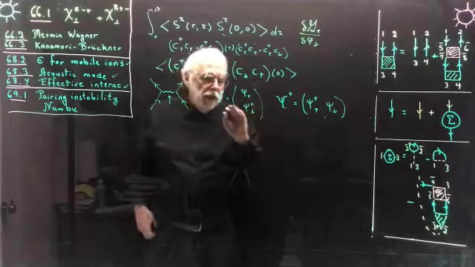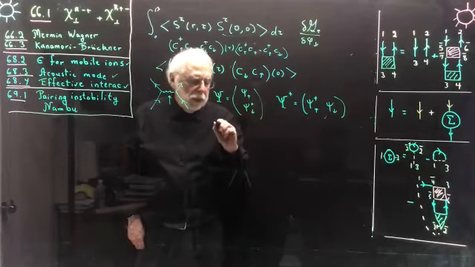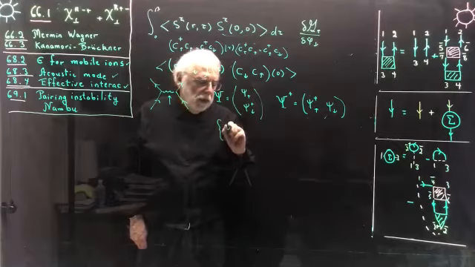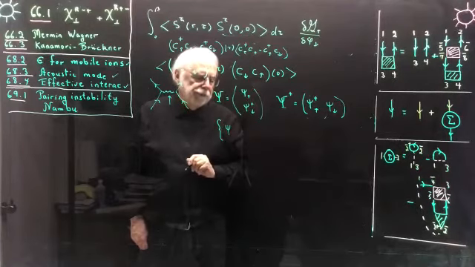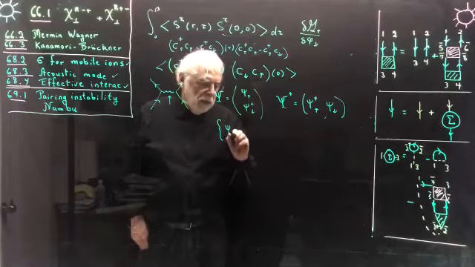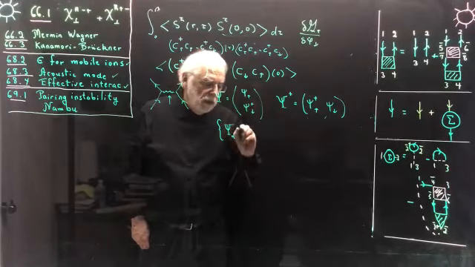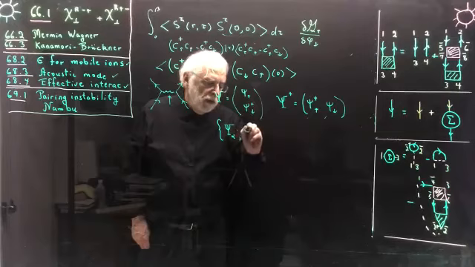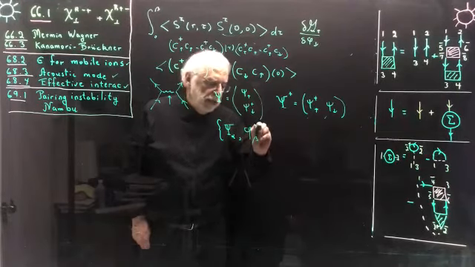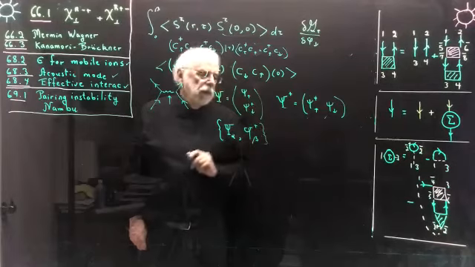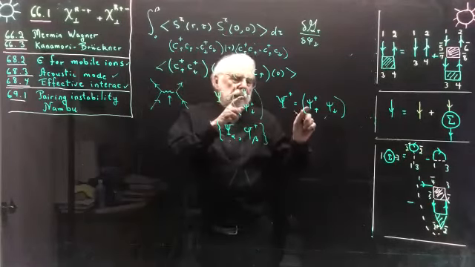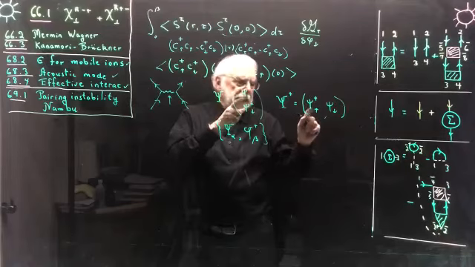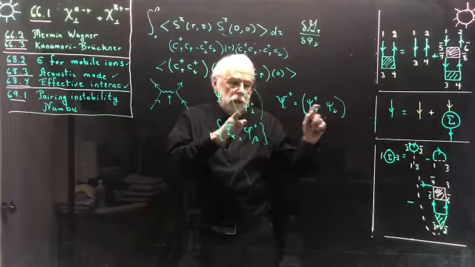And if I look at the anti-commutator of psi alpha, psi dagger beta, you see this anti-commutes with this, and this anti-commutes with this.